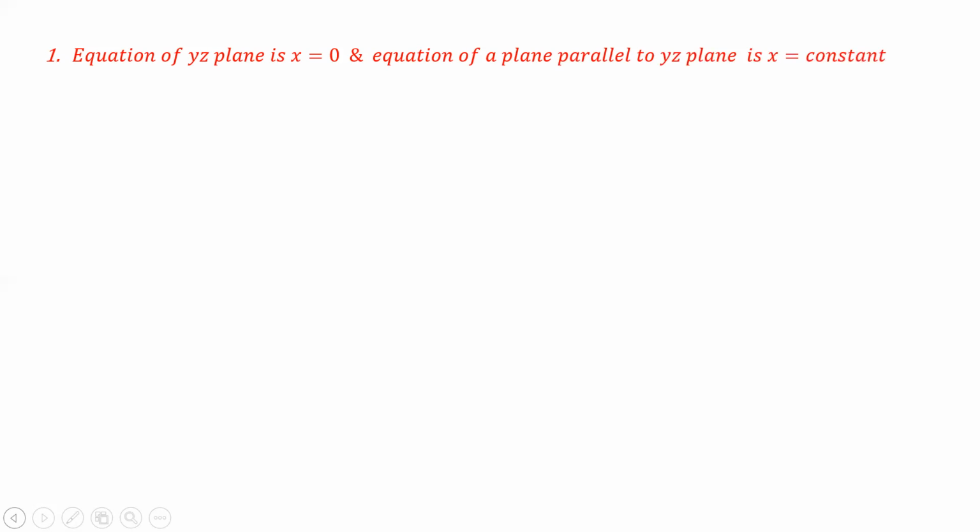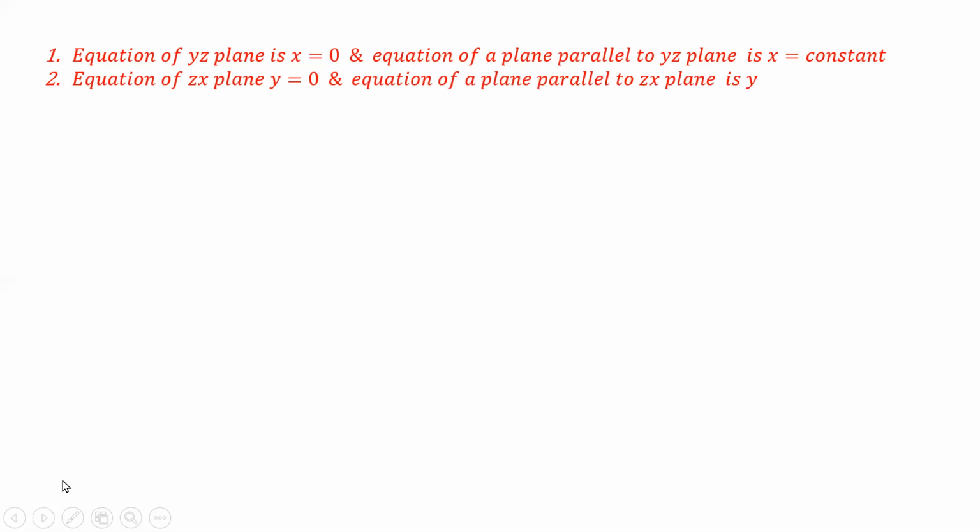Now let us check some important points, that is, the equation of the yz plane, the equation of the xy plane, like that. So the equation of the yz plane is x equals 0, and the equation of a plane parallel to the yz plane is x equals constant. The equation of the zx plane is y equals 0, and parallel to the zx plane it is y equals constant.